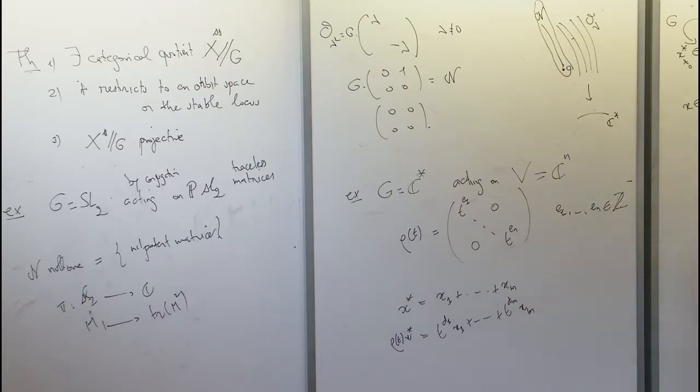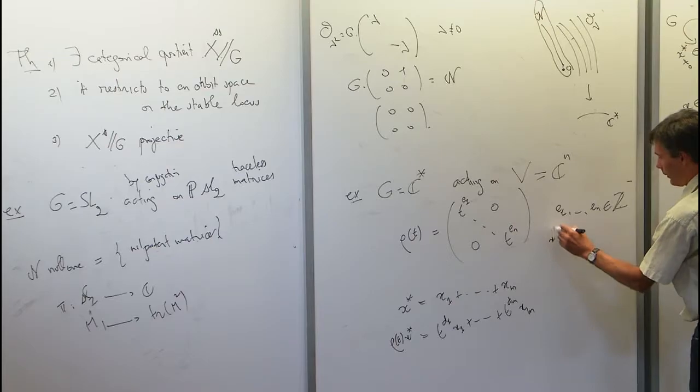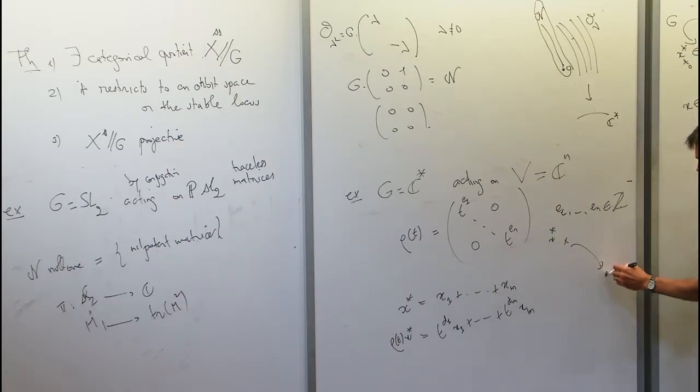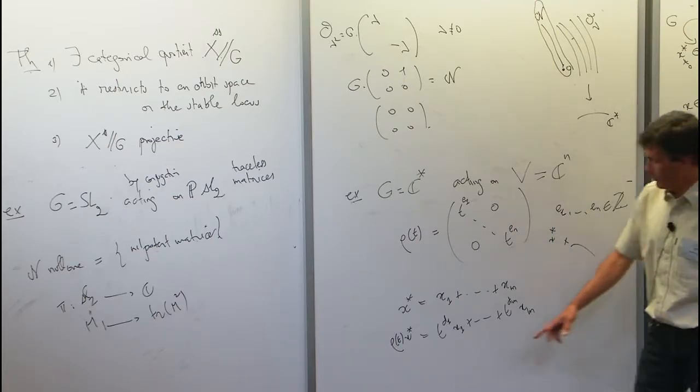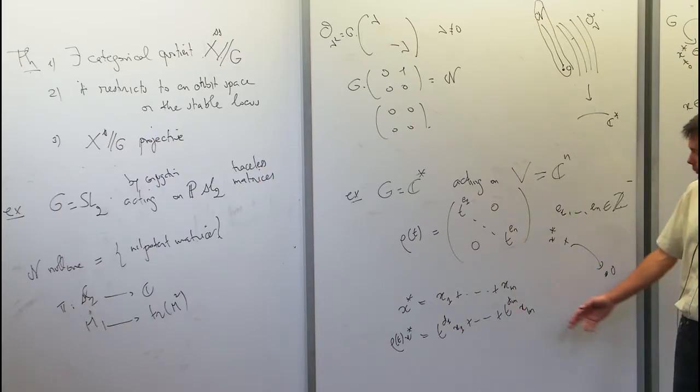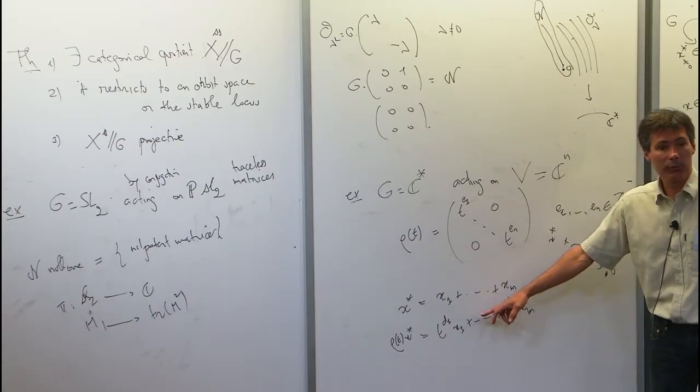The action is like that. And when do you have 0 in the closure? Well, of course, when all the exponents are positive.